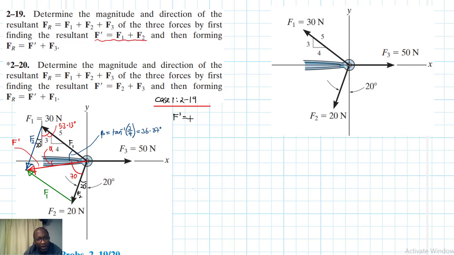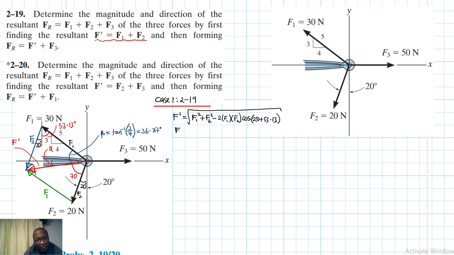So F prime is equal to F1 squared plus F2 squared minus 2 by F1 by F2 by cos of 20 plus 53.13. Okay, then everything under a square root.